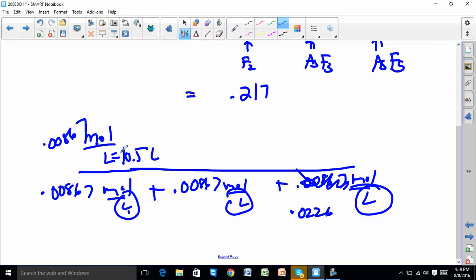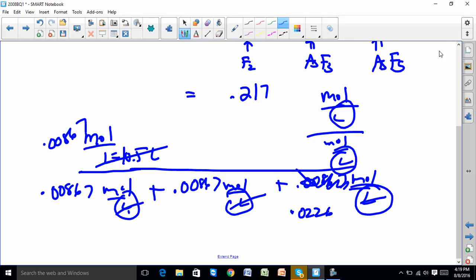So because everything's in the same container, all of the volumes are the same. And so the ratio of the molarity, remember, the volumes are the same.